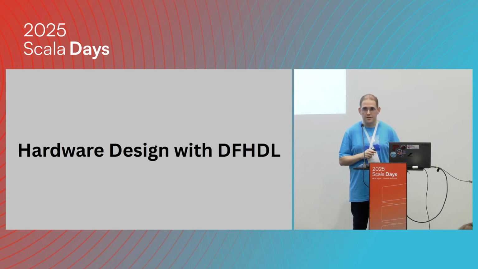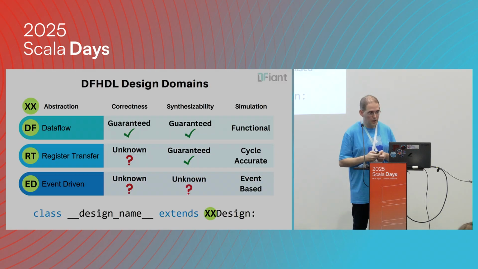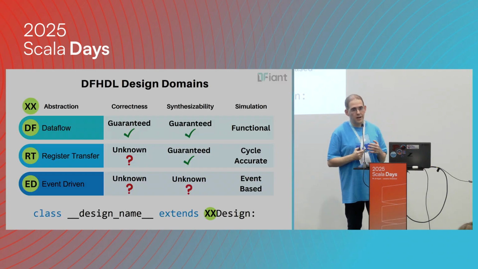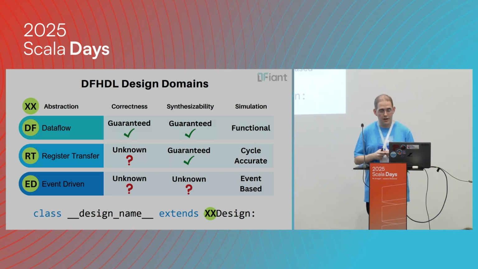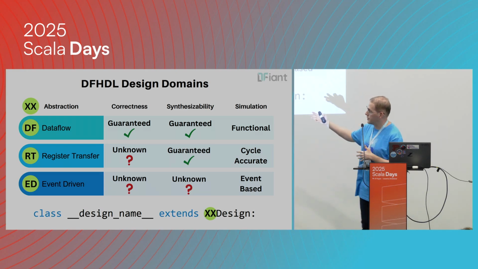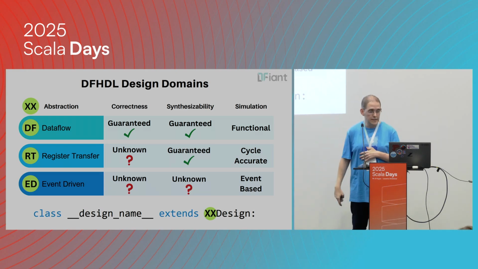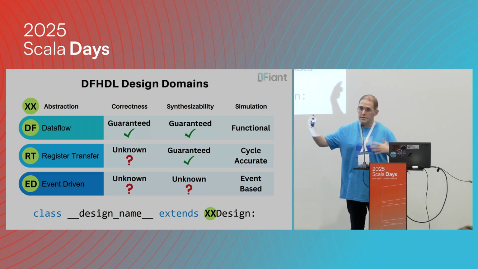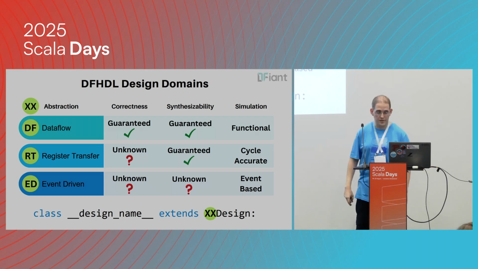So how to design with DFiant HDL, I think, is pretty simple. But DFiant HDL actually introduces 3 levels of abstraction within the same language. The lowest abstraction is equivalent to VHDL and Verilog, the event-driven one. The register transfer abstraction is equivalent to, if you heard of Chisel, a similar abstraction.